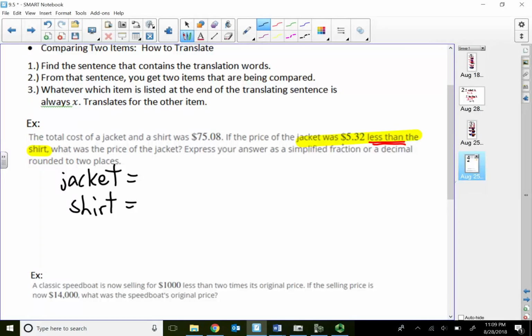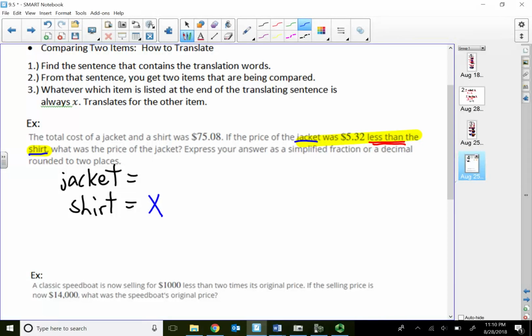From this sentence that I just highlighted, whichever item is listed at the end of the translating sentence is always going to be X. In this sentence, jacket is at the beginning. The word shirt, which is my second item, is listed at the end. So we will always let the second item be X when we translate for two items.